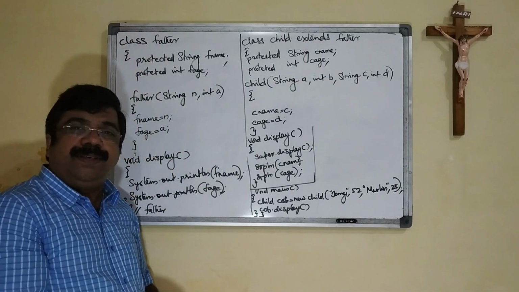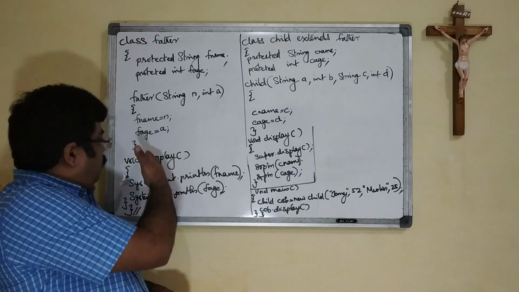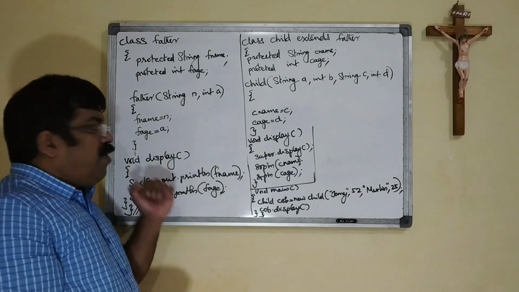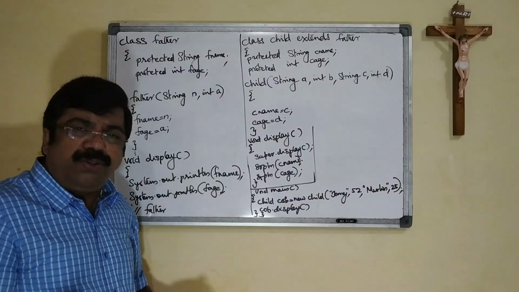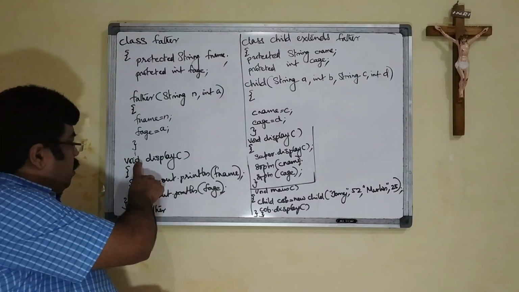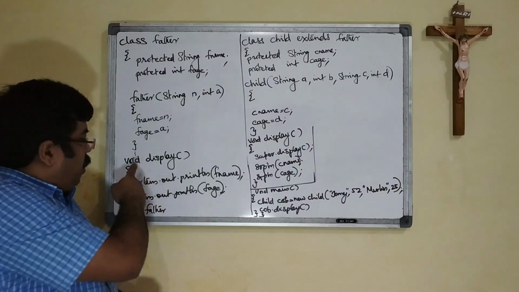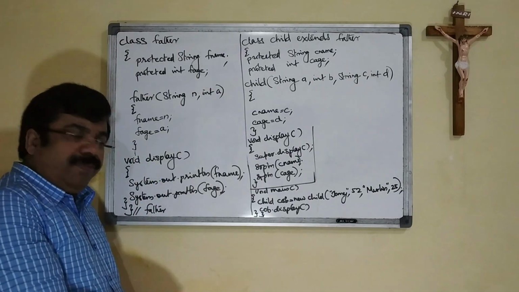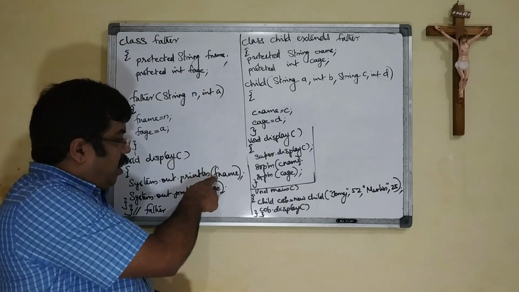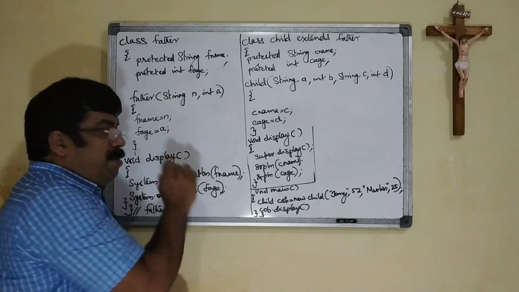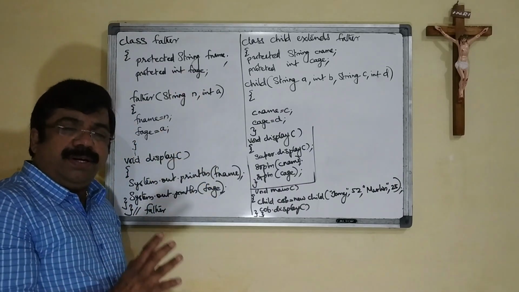Now we can have more functions there, so I put dot dot dot. It's a demo, so enough. We have the display method. System.out.println of f_name, that data member is displayed.